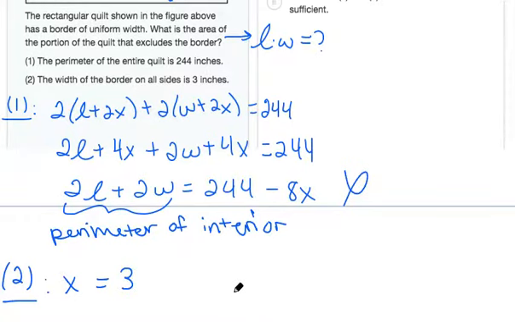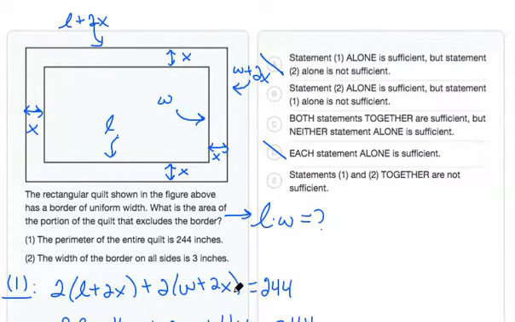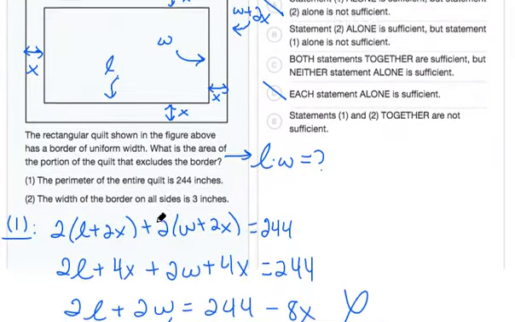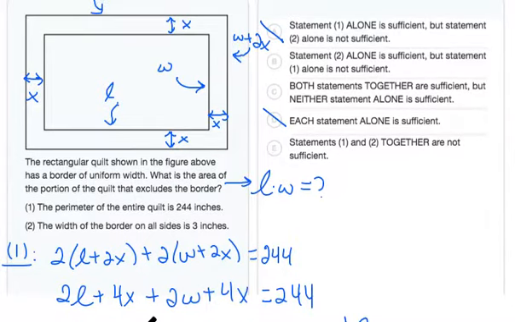But without any information about either side of the entire quilt, we won't be able to find L or W or L times W. Knowing that this border is 3 inches wide all the way around, we don't have a value for the perimeter or a product or the length of any of the sides. So that alone is not sufficient. We just don't have enough information to determine L times W. So statement 2 alone is not sufficient, and we can eliminate answer choice B, leaving us with C or E.